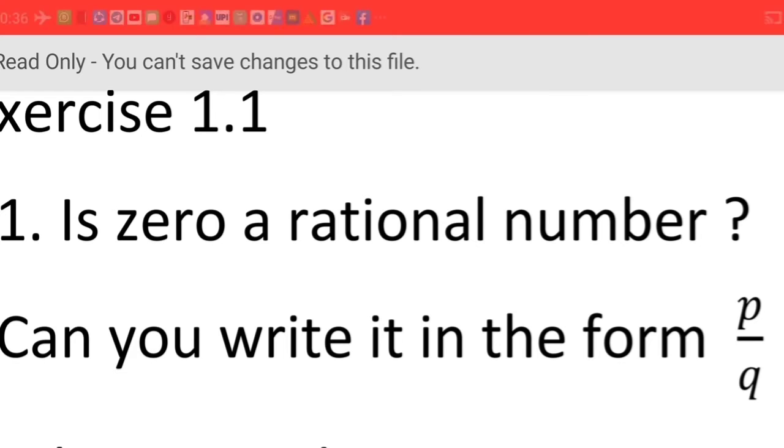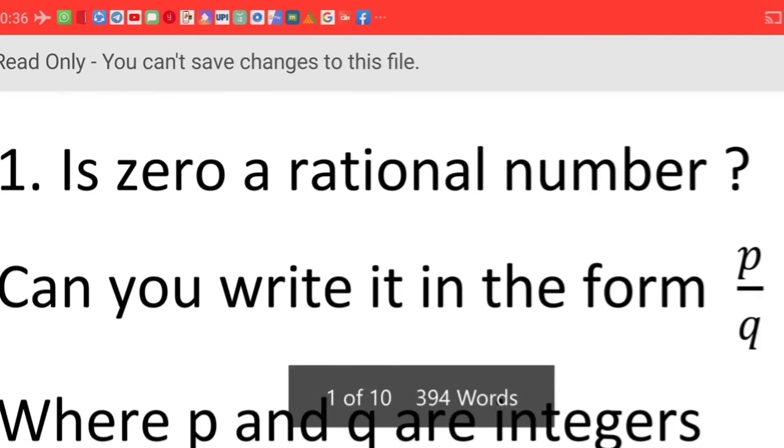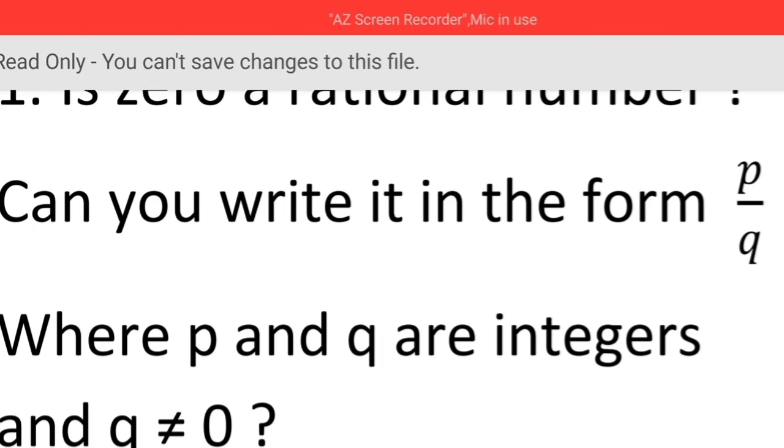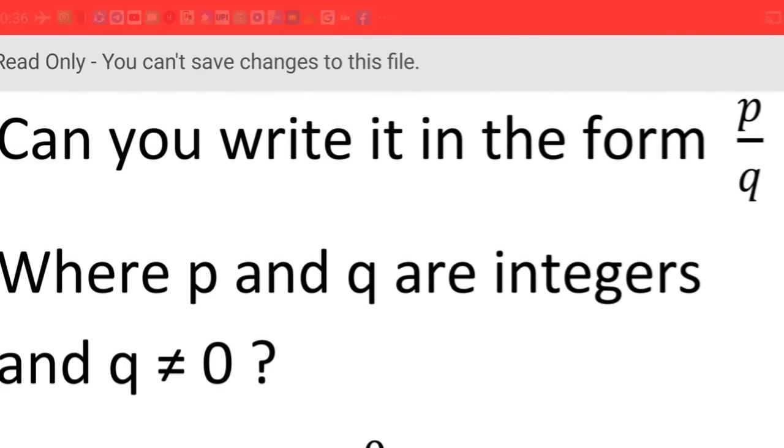It is a fractional number only. So we can write it in the form of P by Q, where P and Q are integers, and Q is not equal to 0. That is the definition of a rational number. Our question is: is 0 a rational number?